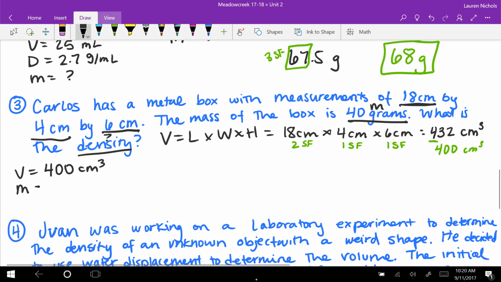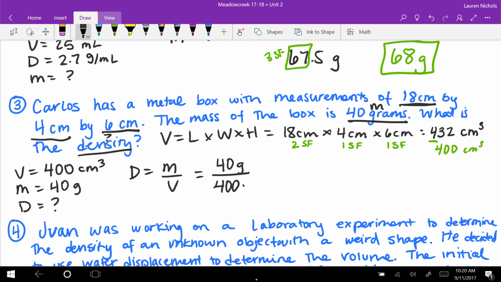I know that my mass is 40 grams and that my density is my unknown. So now that I've got my given, my unknown, my equation, density equals mass over volume. The mass is 40 grams. The volume is 400 centimeters cubed.